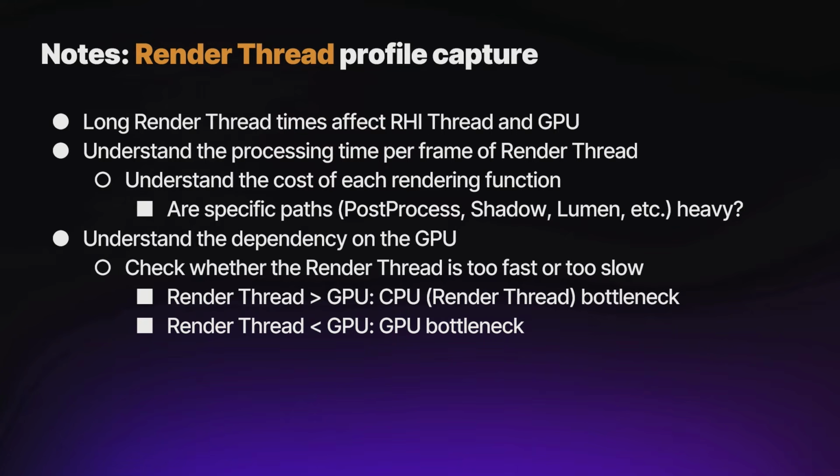On the other hand, if the GPU is the one running longer while the render thread has already finished, then the bottleneck is likely on the GPU. The important thing is not just to look at one part in isolation, but to understand how the render thread, RHI, and the GPU are interacting.